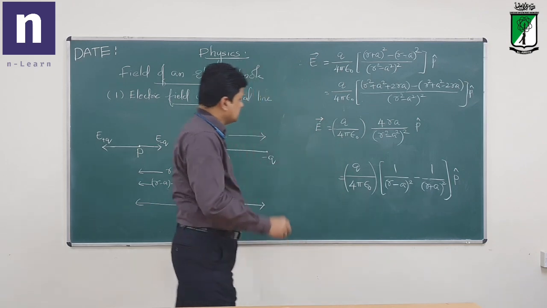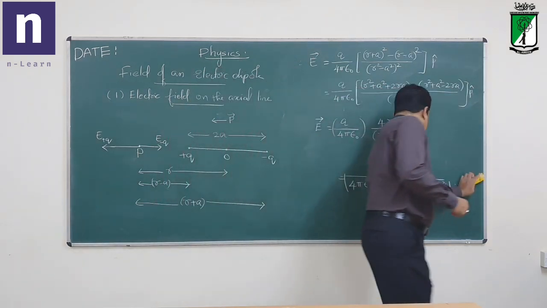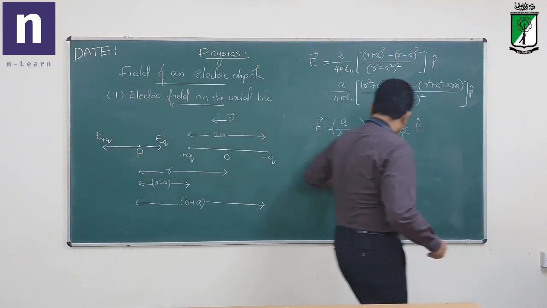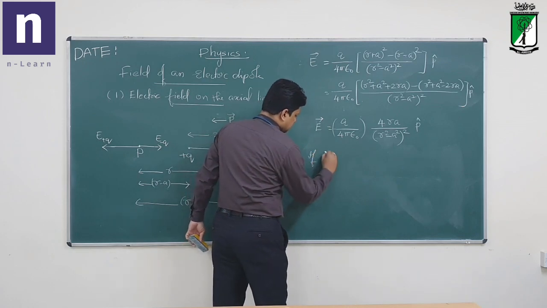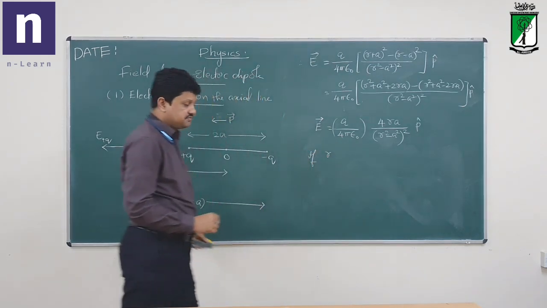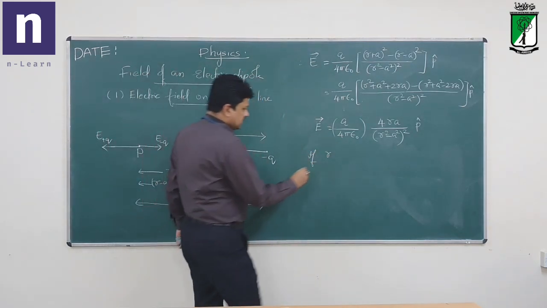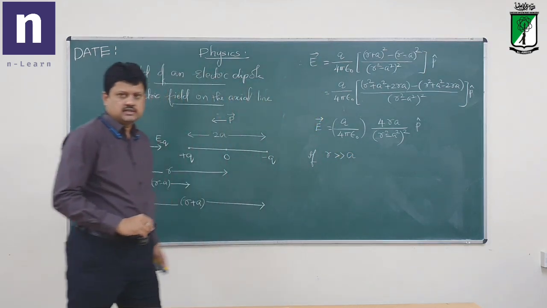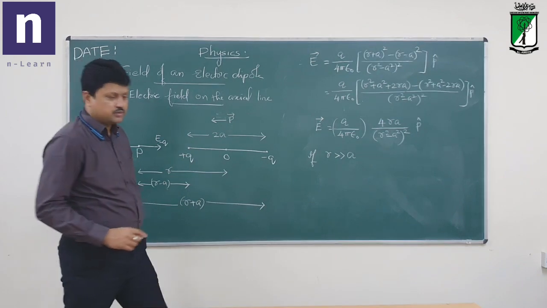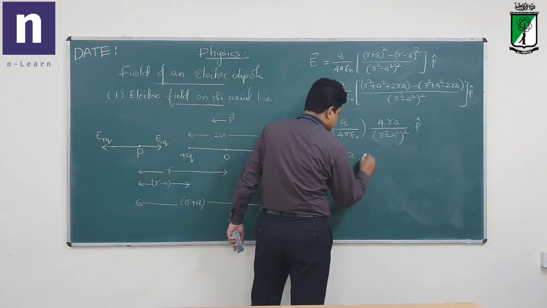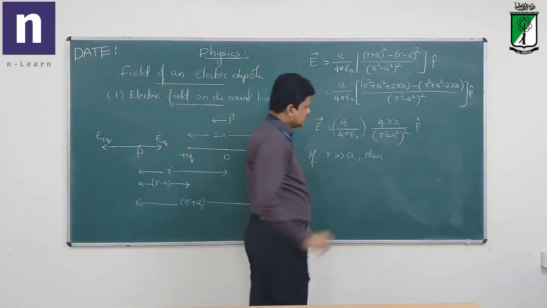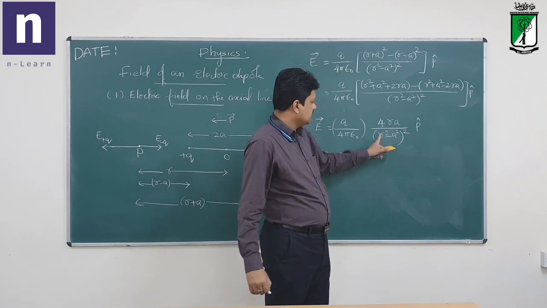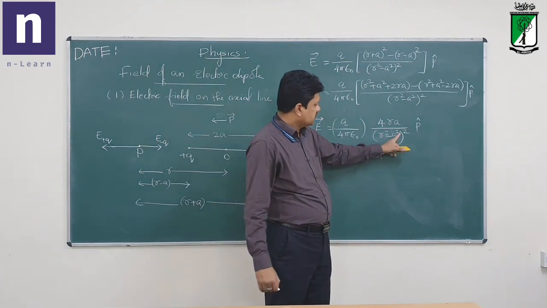So assuming that situation, if r, the distance of p from the center of the dipole, is very much greater than a, which is the half length of the dipole, then of course a is negligible.